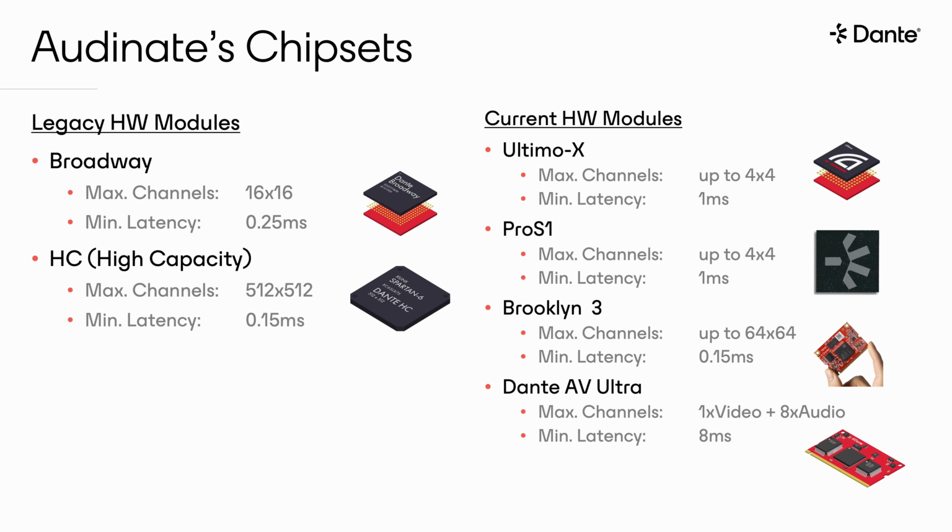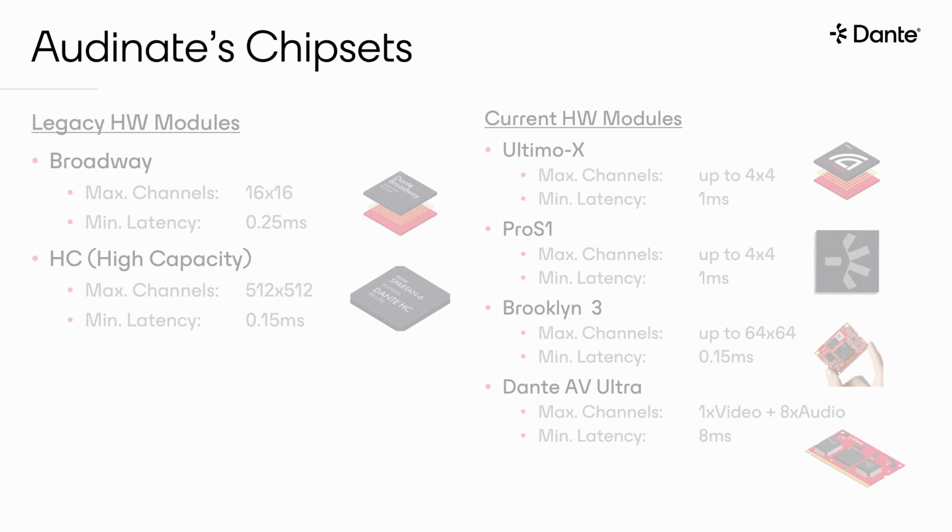Over the years, these chipsets have evolved to meet new market demands, but they remain fully compatible with existing Dante devices. Dante is 100% interoperable, whether your endpoints use hardware or software, and regardless of the manufacturer or firmware version.